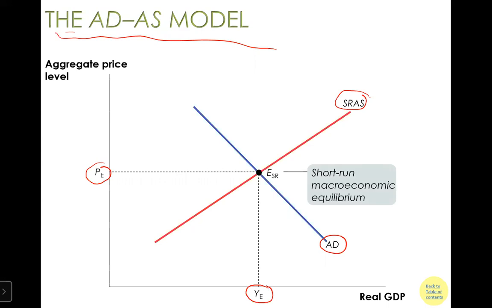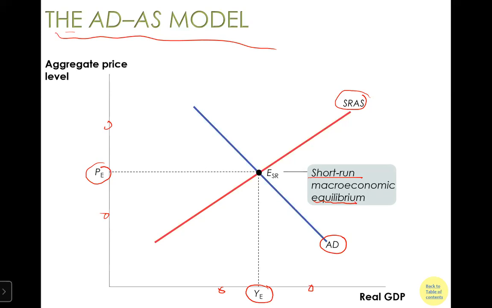We are going to say the economy is in the short run macroeconomic equilibrium, right? And then you may be wondering, okay, so why are we not in equilibrium here or here or here or here, right? So that's what we are going to learn, right?